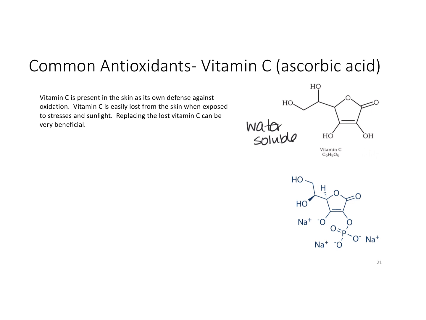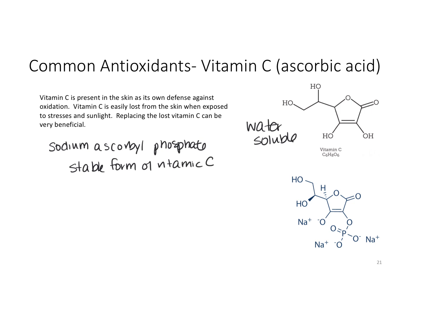Now, vitamin C sometimes is a little bit unstable. And so what people put into cosmetics instead, a lot of times, is sodium ascorbyl phosphate. Right? And that is a stable form of vitamin C. And I have an image of the structure here, right? So this is the sodium ascorbyl phosphate. You can see the phosphate group here, like the polyatomic ions that we talked about, and there's your sodium.